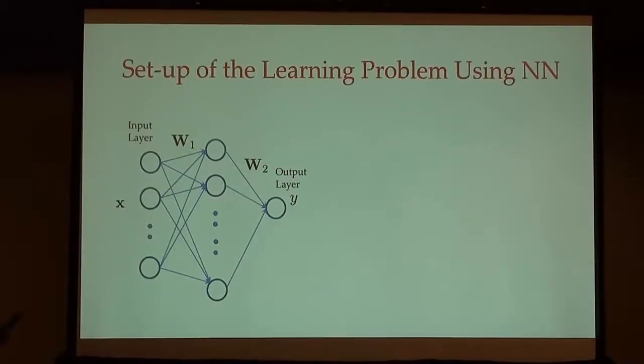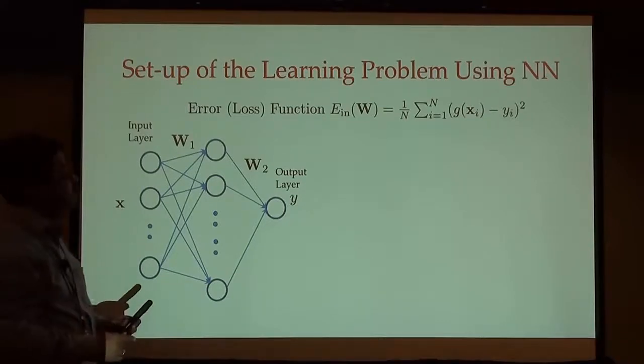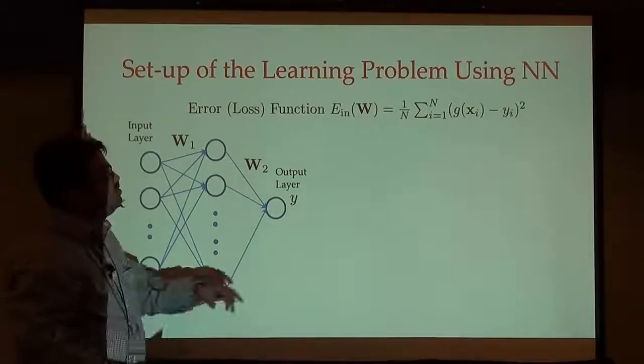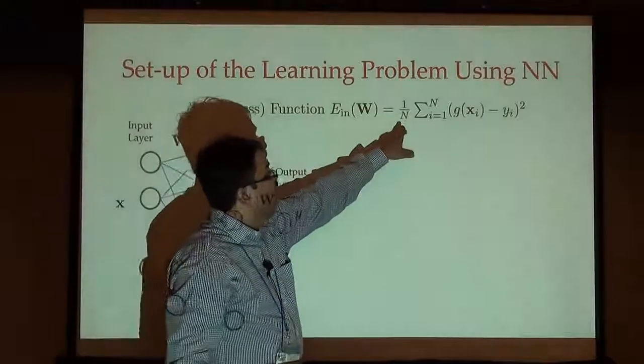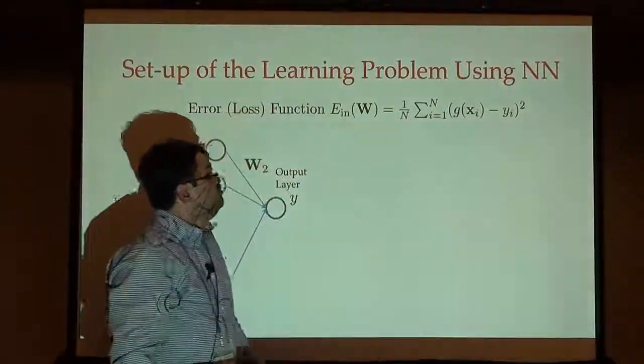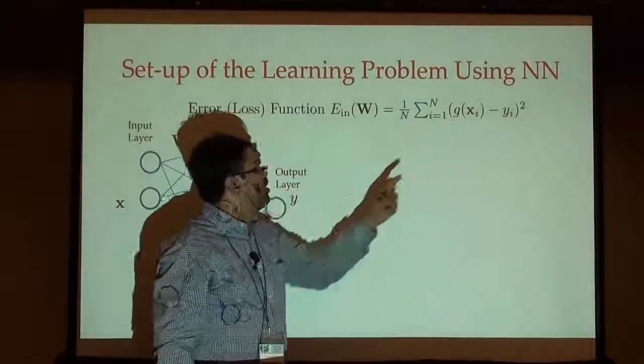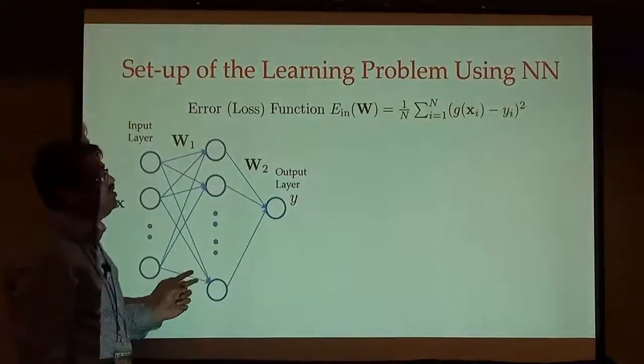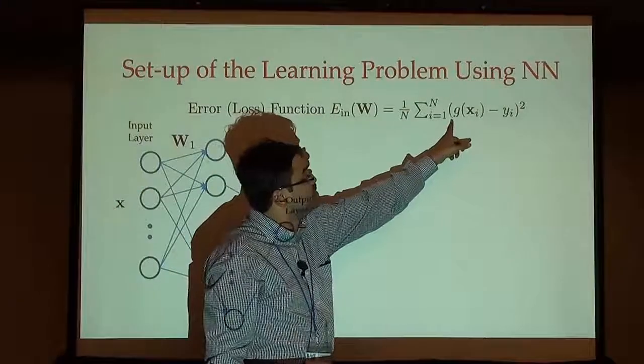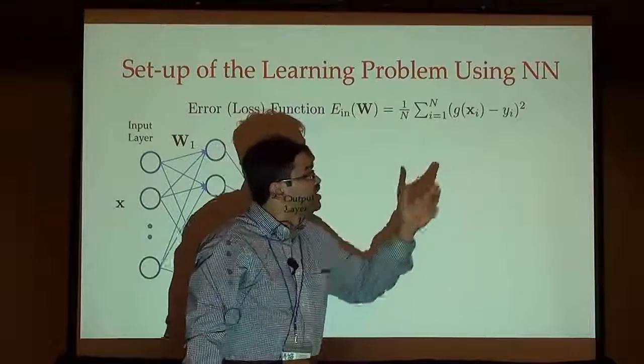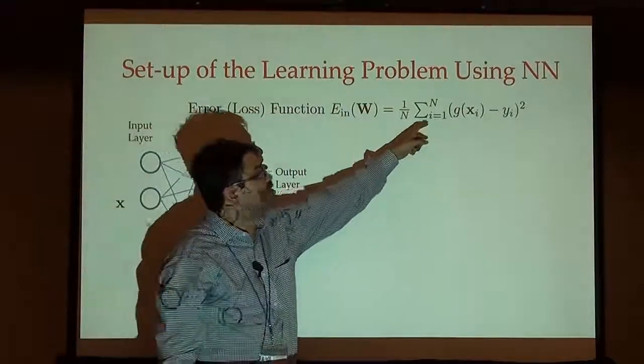So how do we set up the learning problem now using neural networks? The loss function is basically an average over the data. As I said, the neural network is implementing some function g. Here I am using one particular loss function, which is the average squared error.